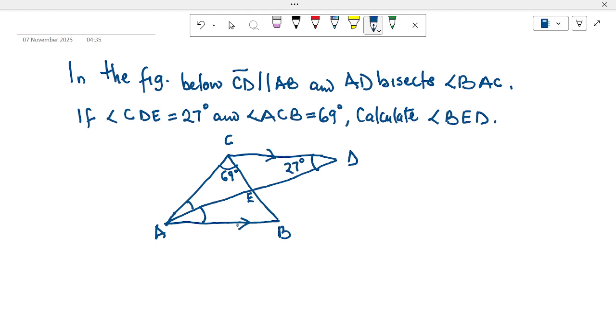And we have that line AD bisects angle BAC. Where is angle BAC? That's this entire angle. This line AD bisects it, that's cuts that angle into two equal parts. And we've already been shown that this and this are equal. So let's begin.